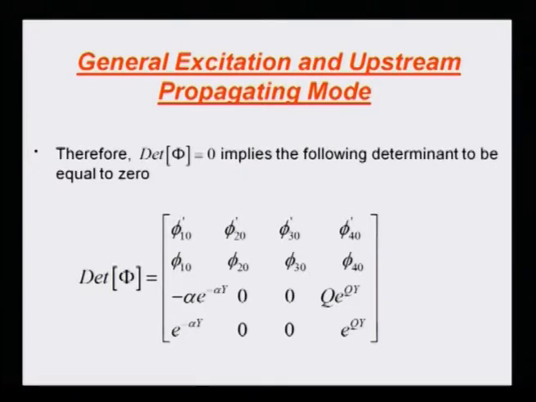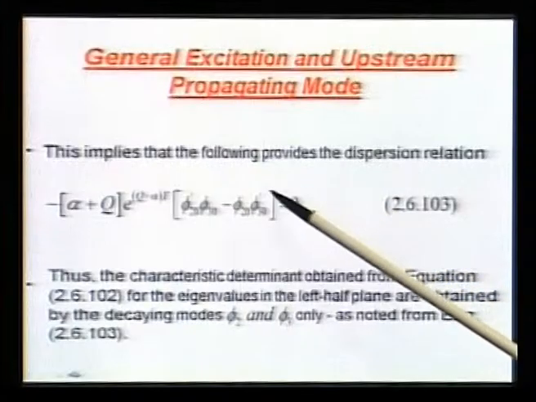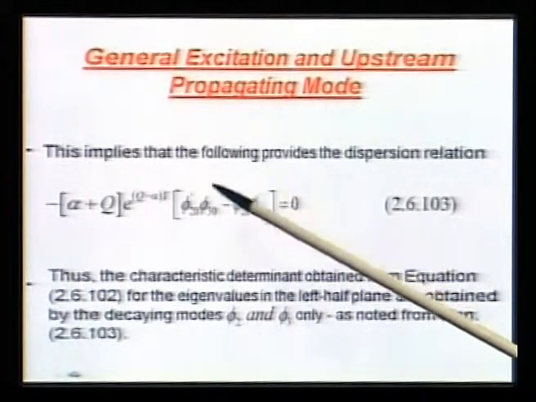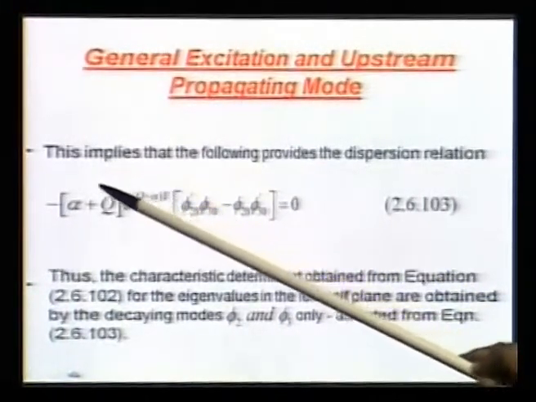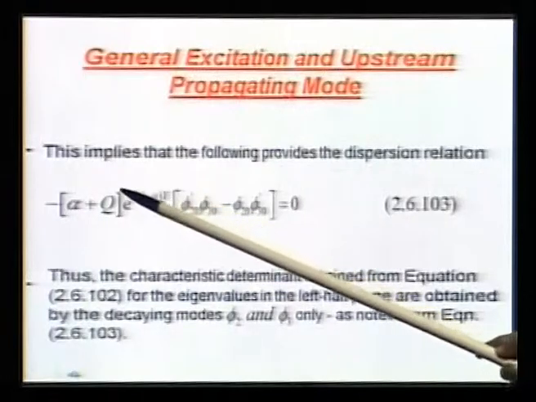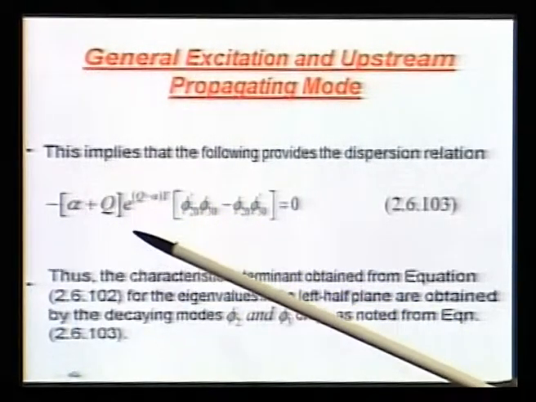Now, once we obtain this, we have seen the characteristic determinant is given by the determinant of this capital phi matrix. So, that gives you basically the dispersion relation. It is a kind of a wonderful simile here, that when we open it up and simplify, we find that those growing modes with y give rise to this part of the dispersion relation.